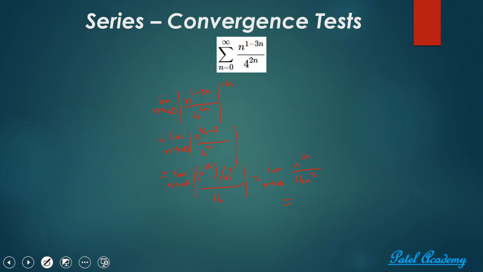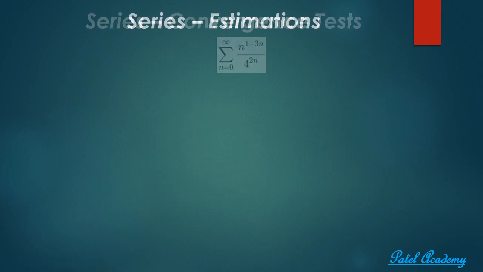Now this top part will evaluate to 1, but because the bottom is 16 times infinity cubed, this is equal to 0. So because 0 is less than 1, this will converge by the root test.